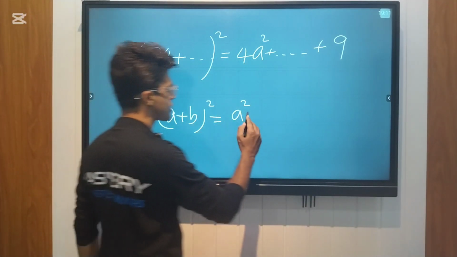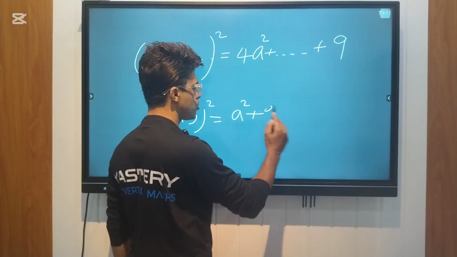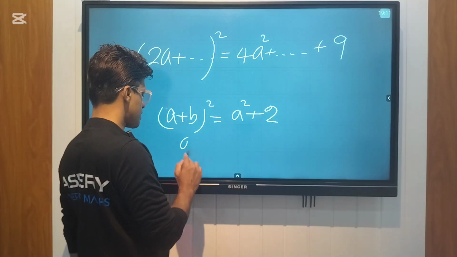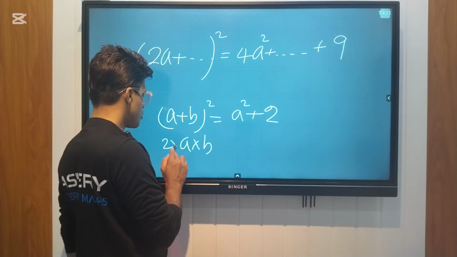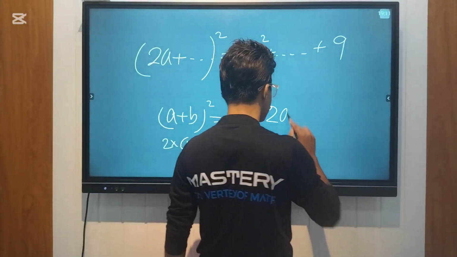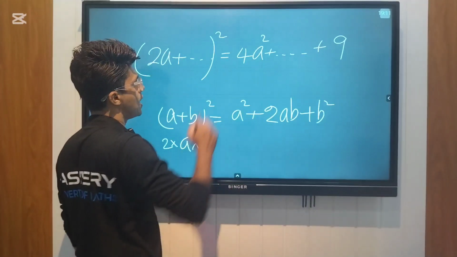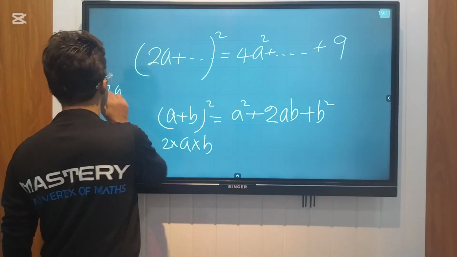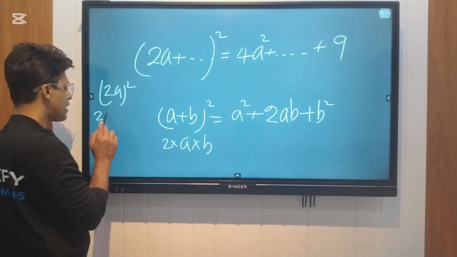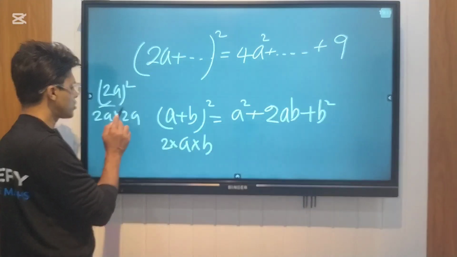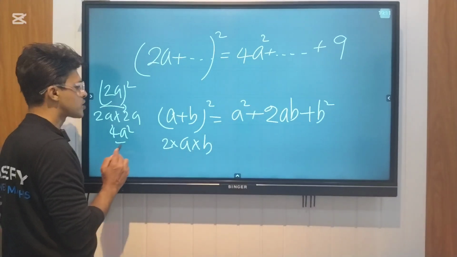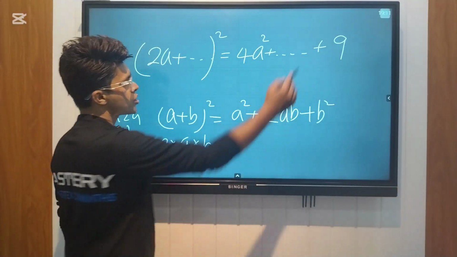Square the first term, which is a squared, then multiply, this product is taken: 2 into a into b, which is 2ab, plus b squared. So likewise, this can be done. Here 2a whole squared means 2 times 2, 4, 4a squared. Then here 4a squared, and also here 9.